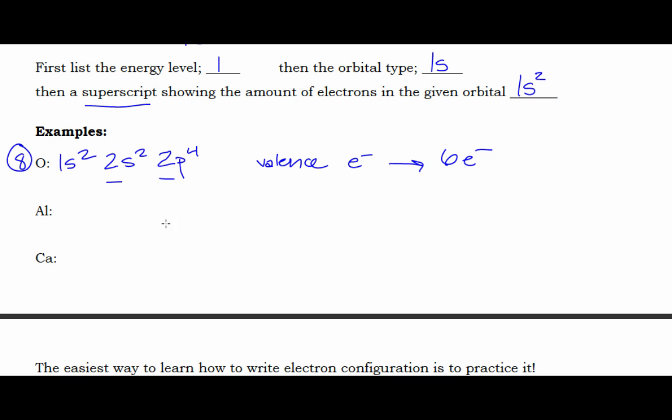Okay, let's look at aluminum. Aluminum is number 13. So you can follow along on your periodic table. I'm not going to refer back to that right now. I'll just walk through it with you. So aluminum's 1s2, 2s2, 2p6, 3s2, 3p1.